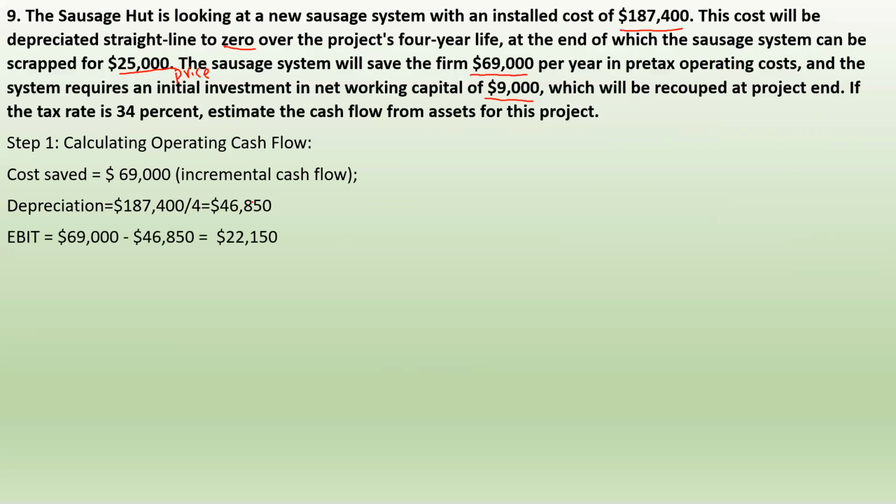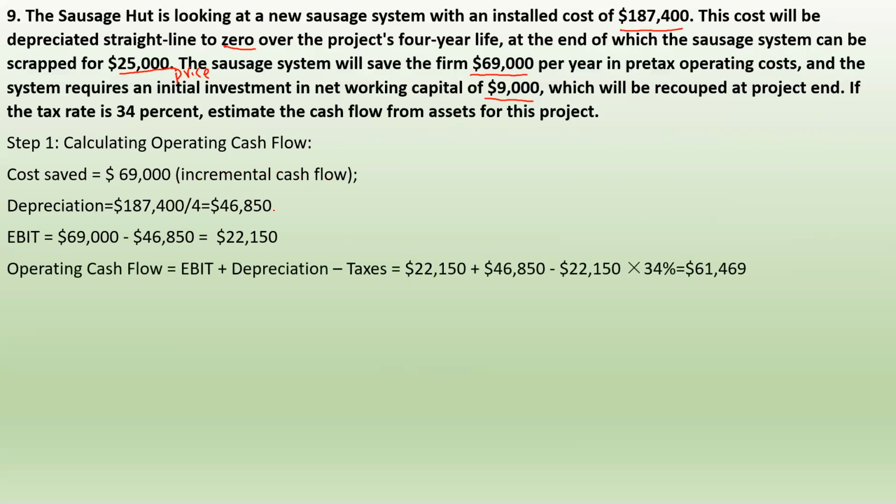Earnings before interest and taxes will be the difference between the incremental cash flow and the depreciation. And the operating cash flow will be EBIT add back depreciation and minus tax. The tax is based on EBIT, so it's 61,469.